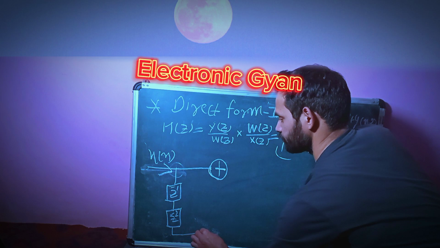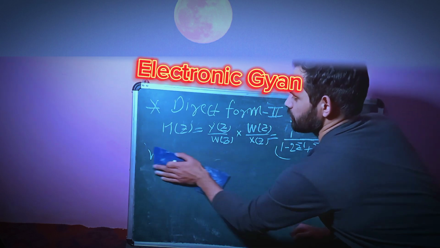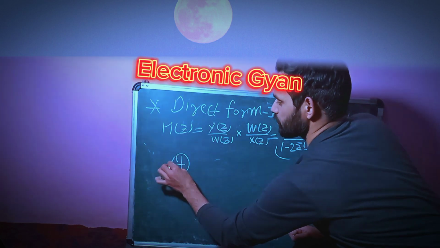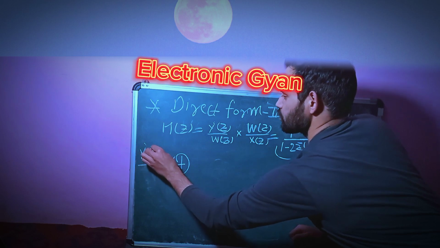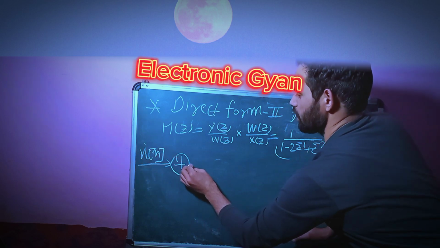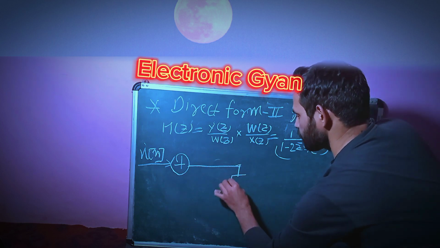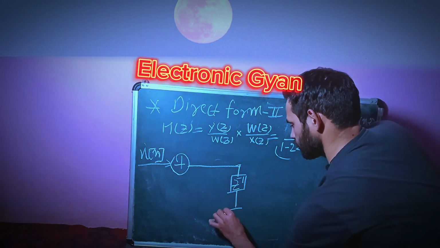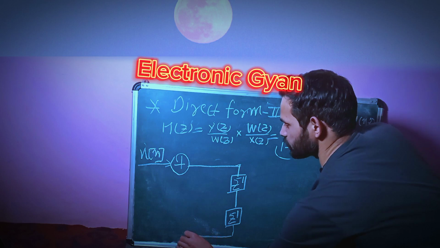Okay, now sorry, the feedback path is not like this. Here is the summer. Here we are going to apply the x of n input, and here we are going to apply the feedback path. So this feedback is delayed by 2 units.